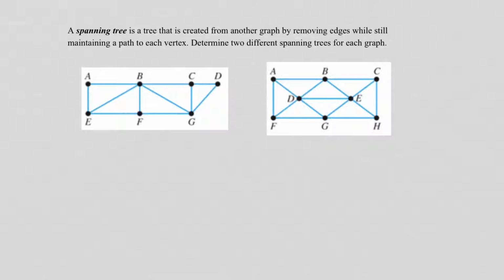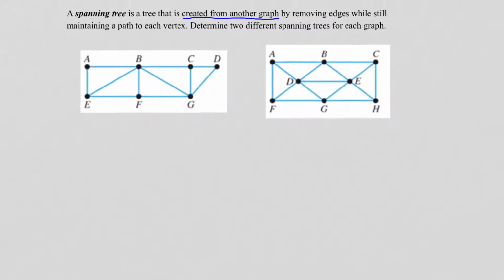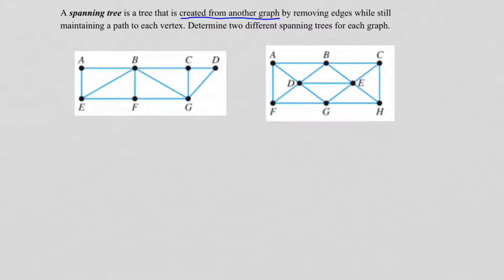So basically, when you create from another graph a tree by removing edges and things, then as long as they're all connected, then we've made a tree, okay? And so it's called a spanning tree because it's created from another graph. So like we're spanning the graph out to make a tree. We're spreading out all the edges.